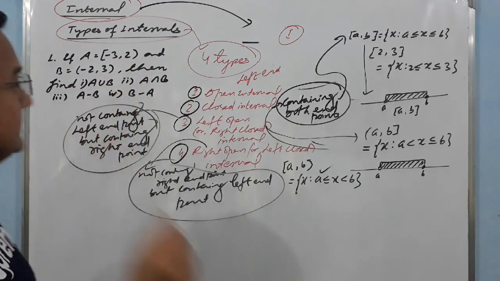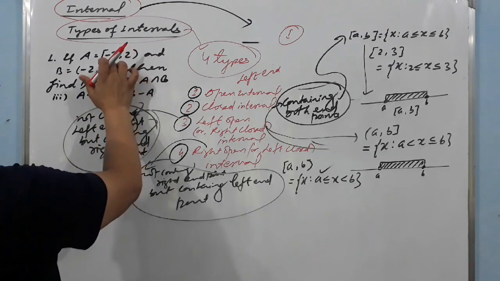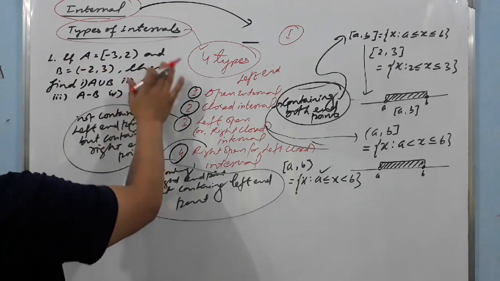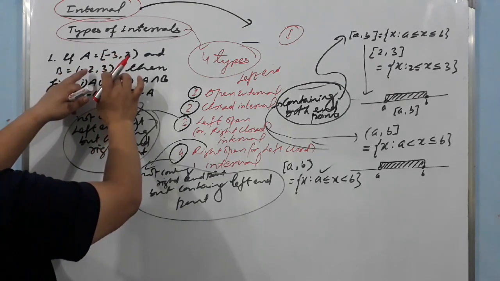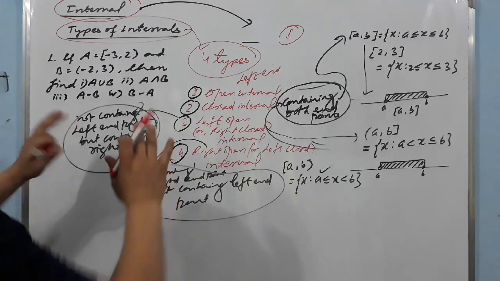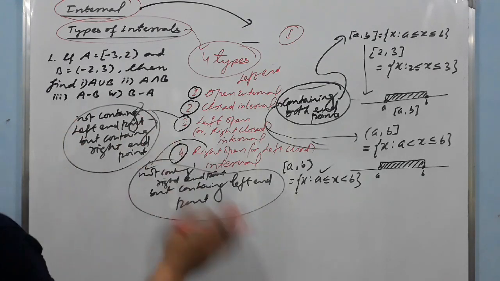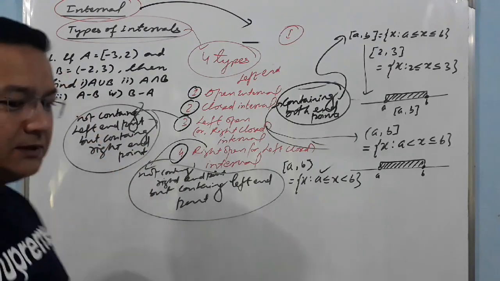Here counting starts from minus 3 but it does not end at 2, and in this interval, minus 2 and 3 are not elements of this set. So except minus 2 and 3, all real numbers are there. Now I'm going to tell you this one.